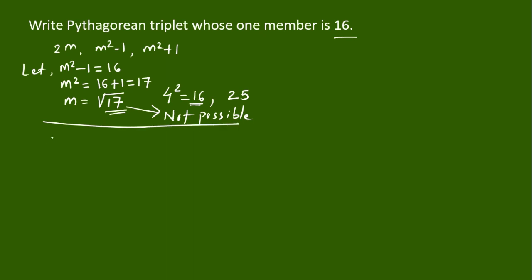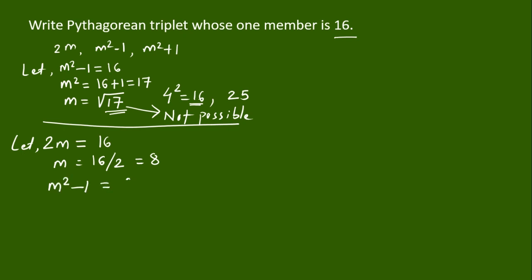So next I will simply consider 2m is equal to 16. If 2m is equal to 16, then m is equal to 16 by 2, that will be equal to 8. Now I got m is equal to 8. Now what will be my m square minus 1?